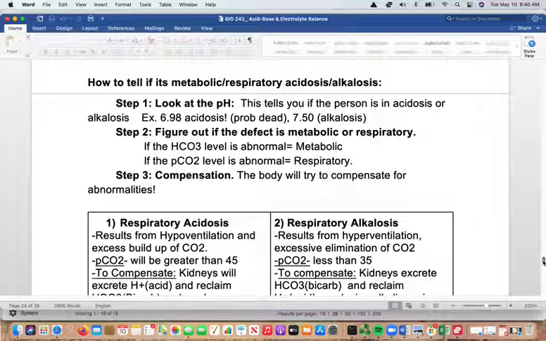So then the next step is to figure out, is it metabolic or respiratory? So if the bicarbonate level is abnormal, it's metabolic. If the pressure of carbon dioxide level is abnormal, it's respiratory. And then in step 3, you've got the compensations. This is where the body is trying to compensate for the abnormalities.